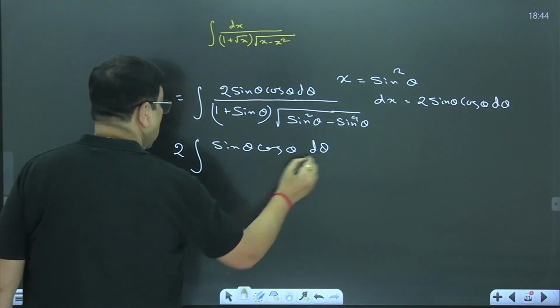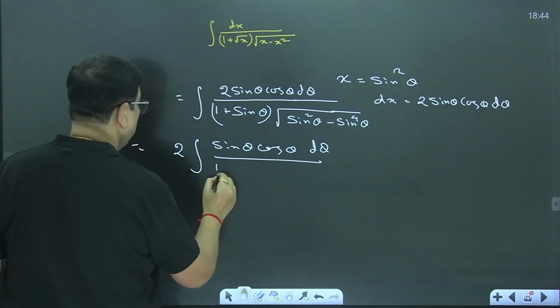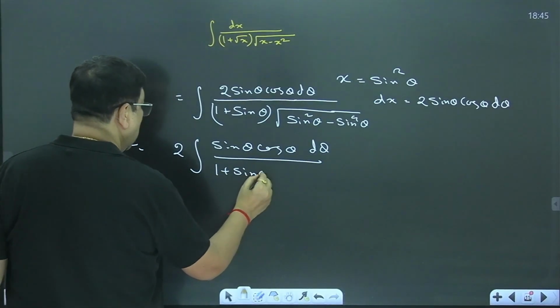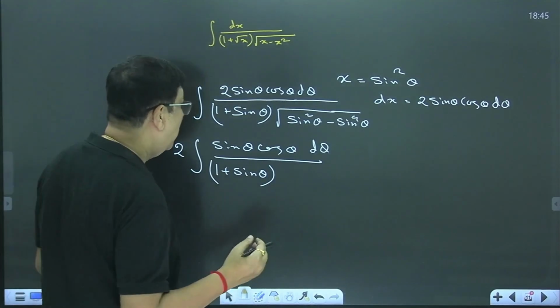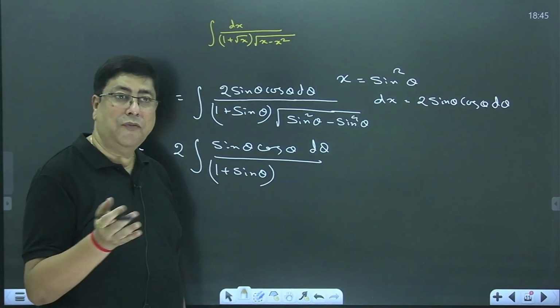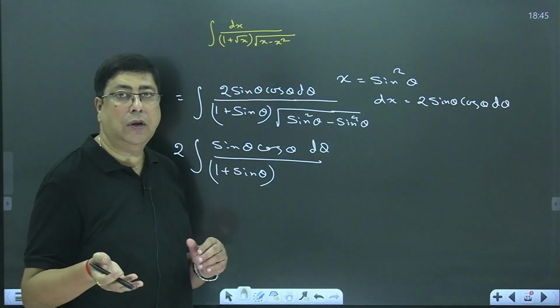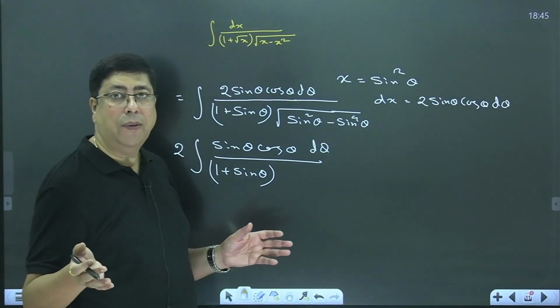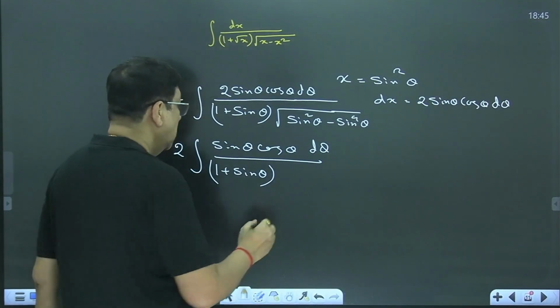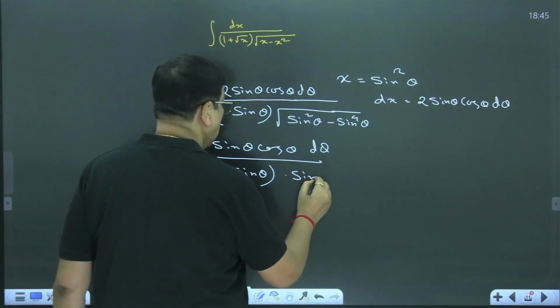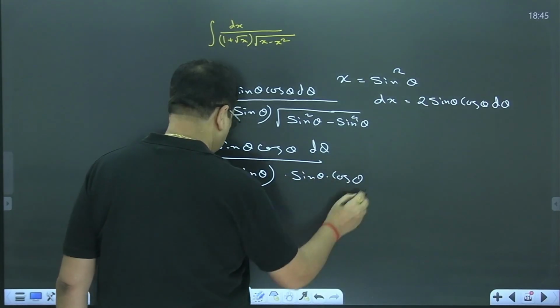So the easier the method by which you solve the sum, the more benefit to you, because indefinite integral is generally not coming directly, but for definite integral and for differential equation, it will be coming as an intermediate. So this is coming sine theta cos theta, right?